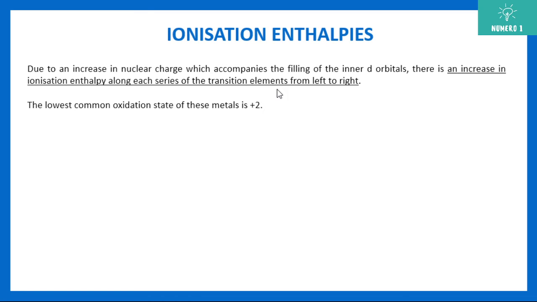Meaning, as you go along a period, you need more energy to remove an electron. In all these transition elements, we have the lowest common oxidation state, which is +2. Ionization enthalpy is the amount of energy required to remove an electron from an isolated gaseous atom.